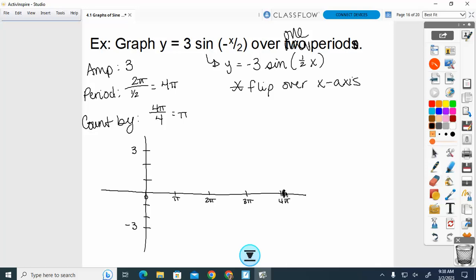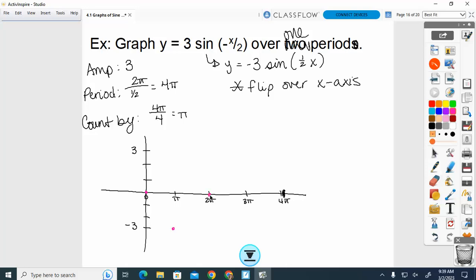Okay, so in algebra, when we flipped, we would always draw the original and then reflect it. We're trying to make our graphs as simple as possible, so not drawing parent functions and transformations per se. We know that sine starts at 0. And then where does it go after that? It goes up, right? But if we're flipping, it's going to go down. So then we'll go down to -3.